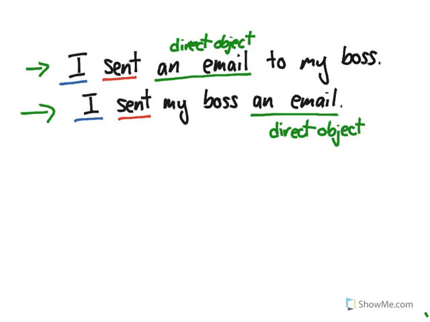And where is the indirect object? Right over here, my boss. Remember, I had to use this preposition to. In the second sentence here, I just put my boss right after the verb.